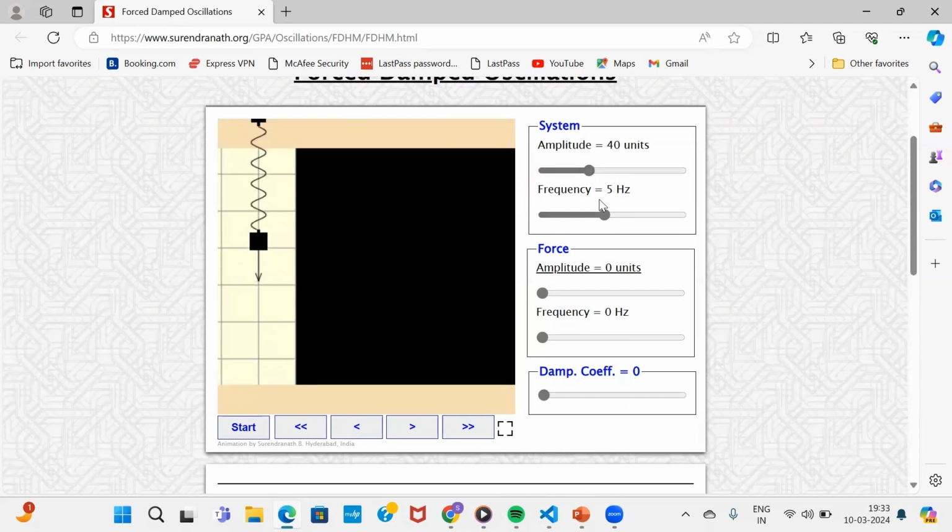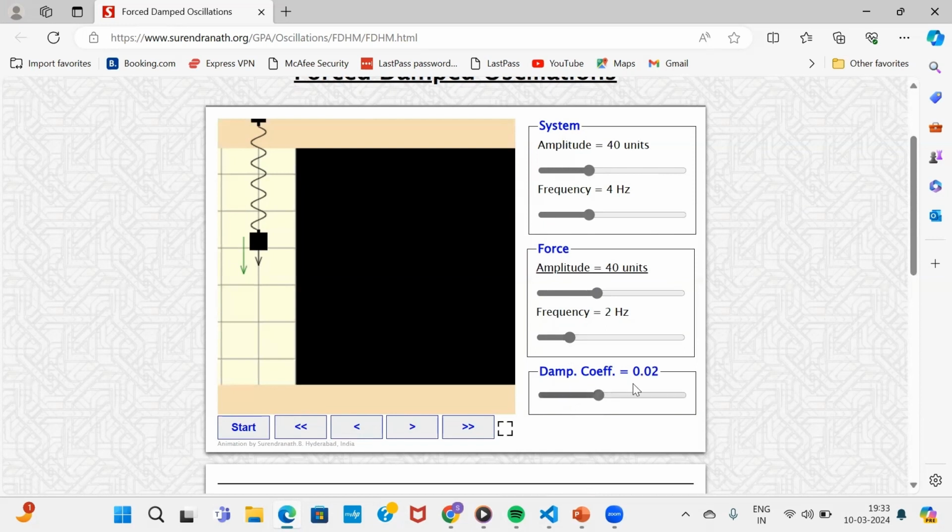For example, I have taken the system with 40 units amplitude and frequency 4 Hz. Now I'm applying a periodic force, with amplitude 40 units only and frequency, suppose, 1 Hz, 2 Hz. Another factor is the damping effect.